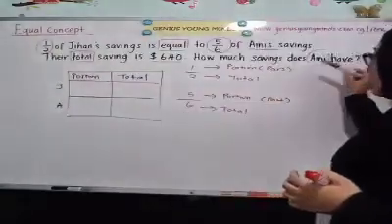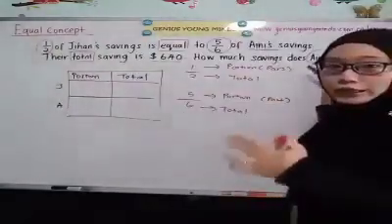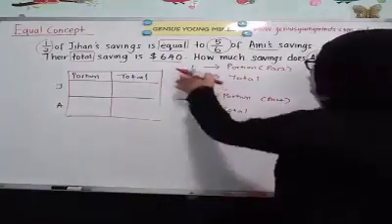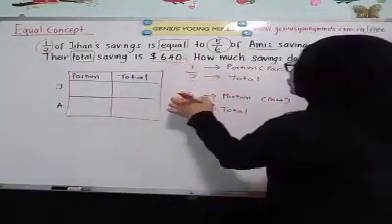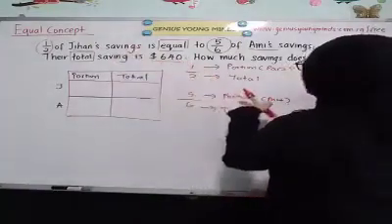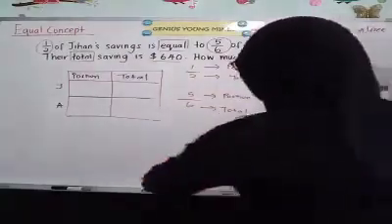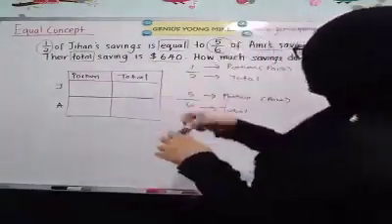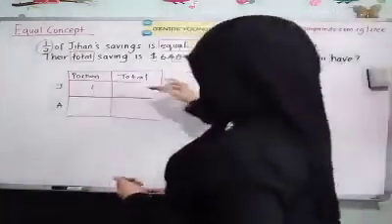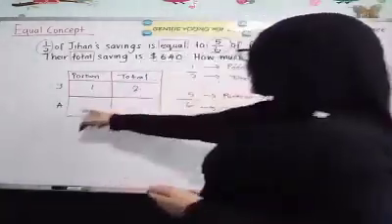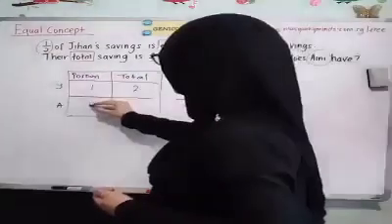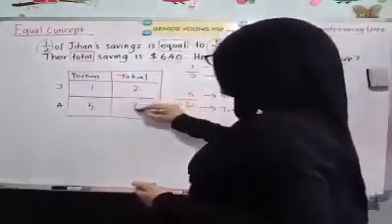Remember, portion is what is equal. In the question, the portion is equal, which means 1 of Jihan's saving is equal to 5 of Aini's saving. We fill up the boxes: Jihan 1 is here and 2 is here, and Aini 5 is here and the total 6 is here.